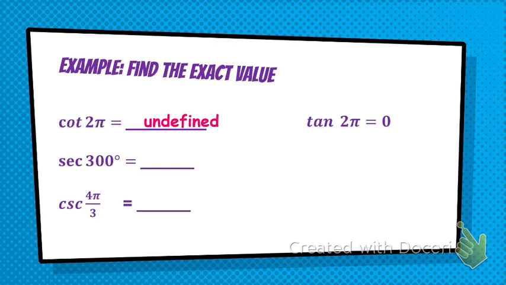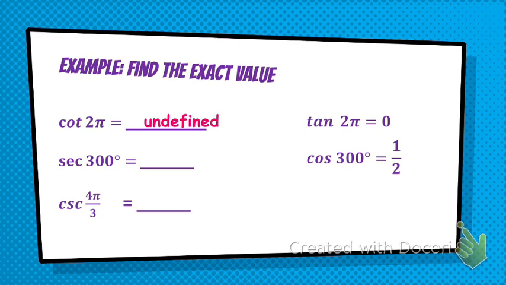The secant of 300. So we're looking at the cosine of 300 degrees. That is in quadrant 4. I didn't really show this a whole lot for some of these, but the cosine of 300 is in quadrant 4. Let's think about that.